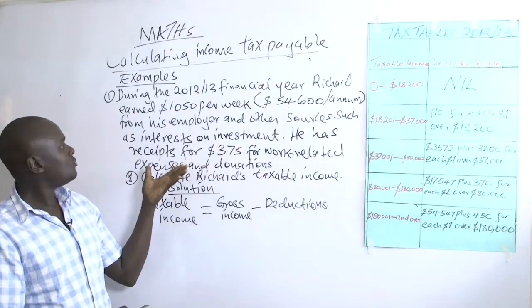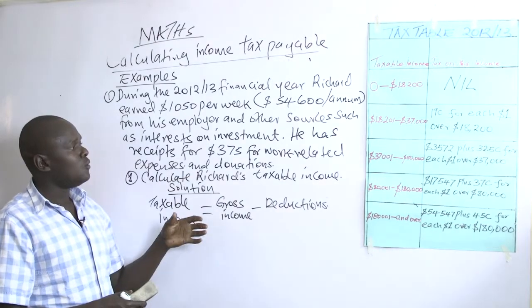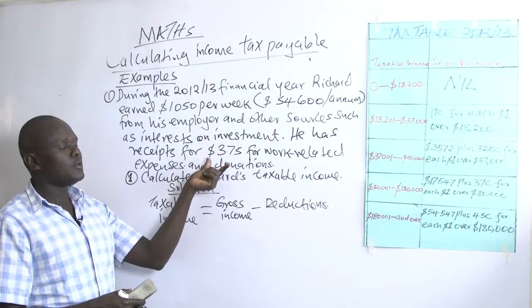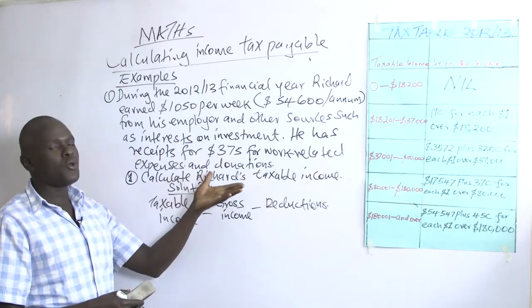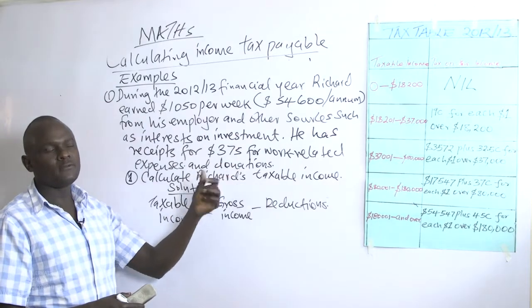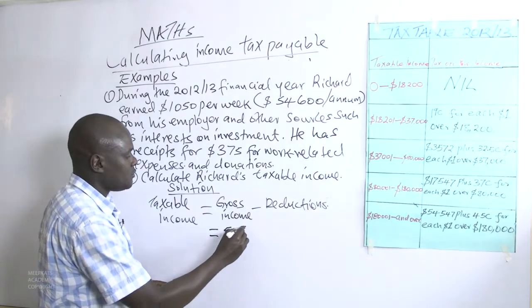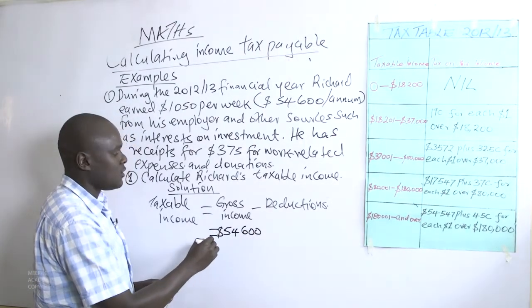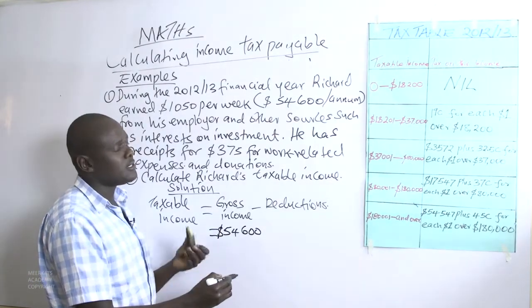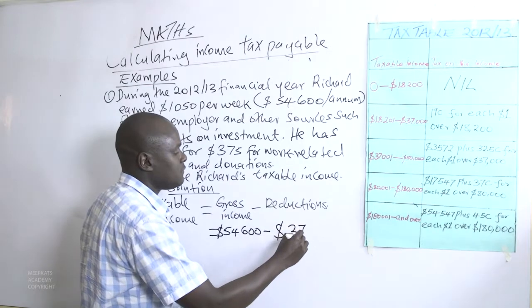The total deductions will include the receipts from the work-related expenses and also the donations, and that total we've been given is $375.